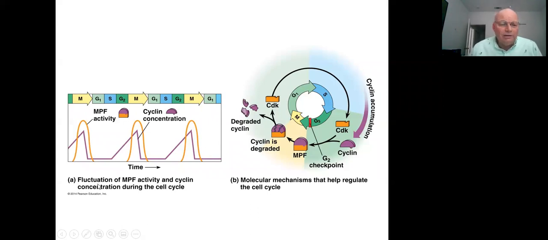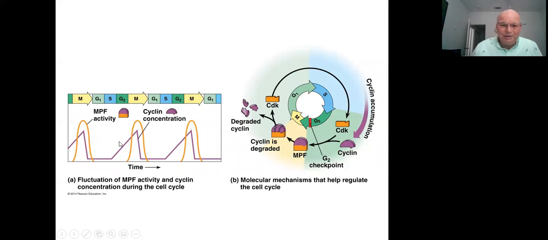When we look at the cyclin concentration, all is revealed, because we see that the cyclin concentration goes up and down in concert with MPF activity. So it's the appearance and disappearance of cyclin that determines the presence and disappearance of MPF activity as a promoter of mitosis.